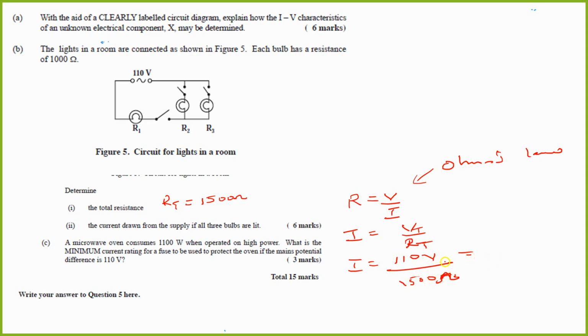And when we do the mathematics here, you should be getting that the current that is drawn from the power supply is going to be 0.073 amps, or in other words, we could say 73 milliamps.